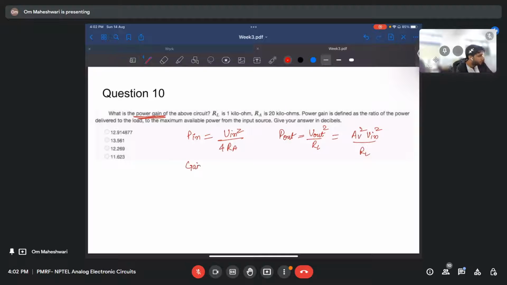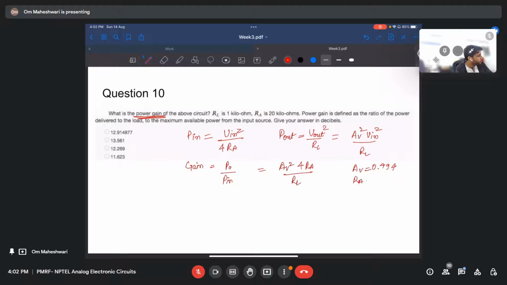So gain will be PO by P in, AV square 4 RA by RL.